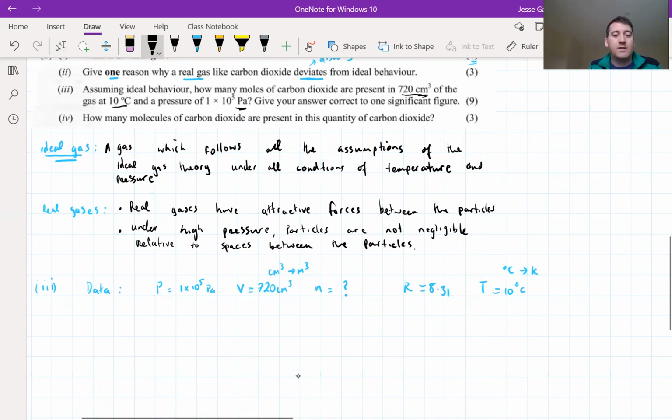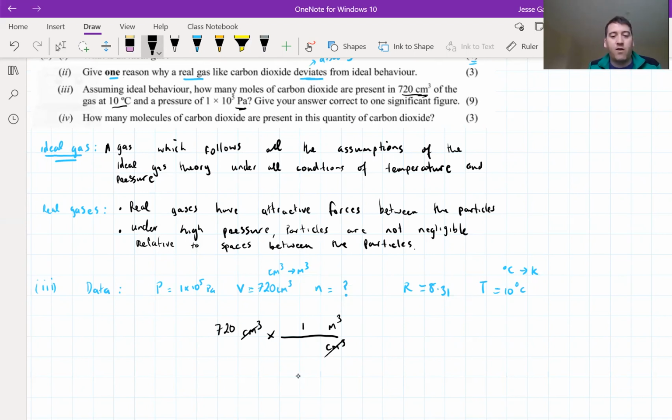All right, so let's go ahead and do the conversions for volume first of all. I want to go from cm cubed and convert to meters cubed. So cm cubed will cancel there and leave me meters cubed. I started with 720 cm cubed. How do I convert? Pause the video and write in the conversion factor here.